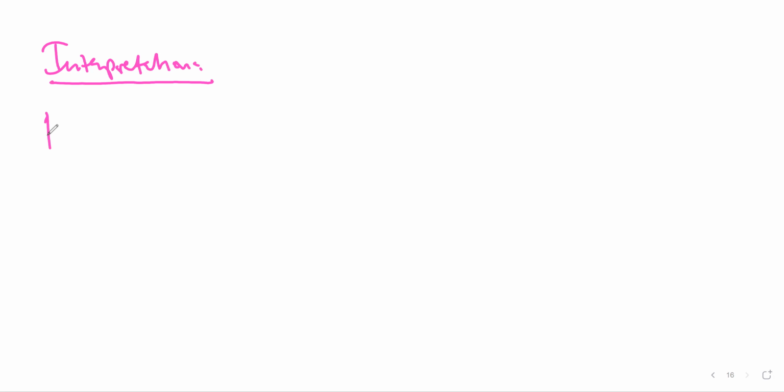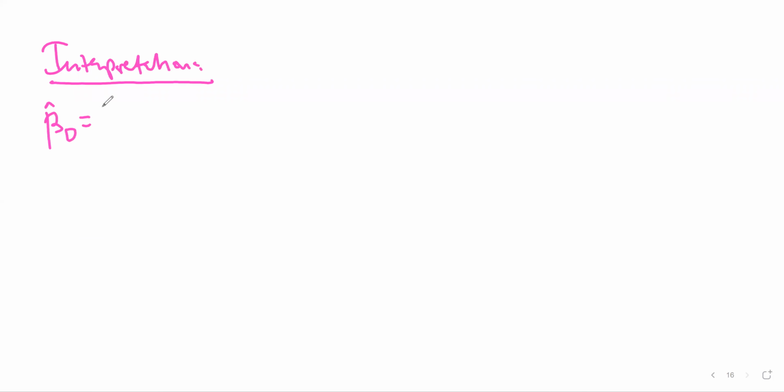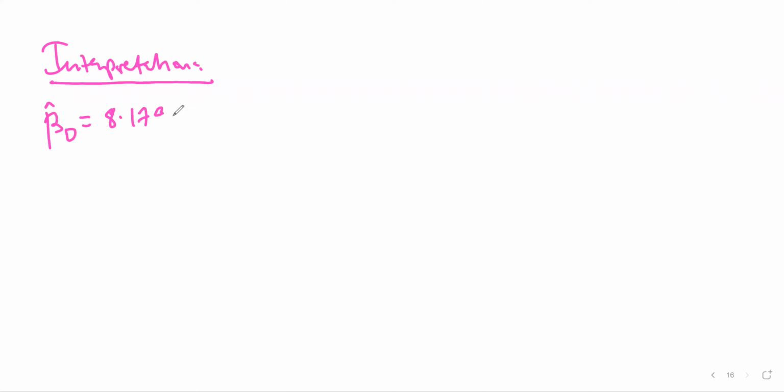And we start by the interpretation of this value, which is 8.179. Basically, we say that this is the estimated value of y when x is 0.